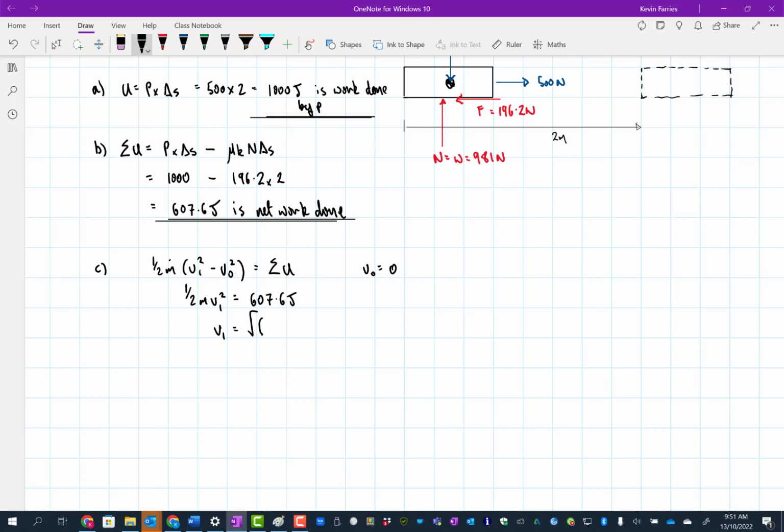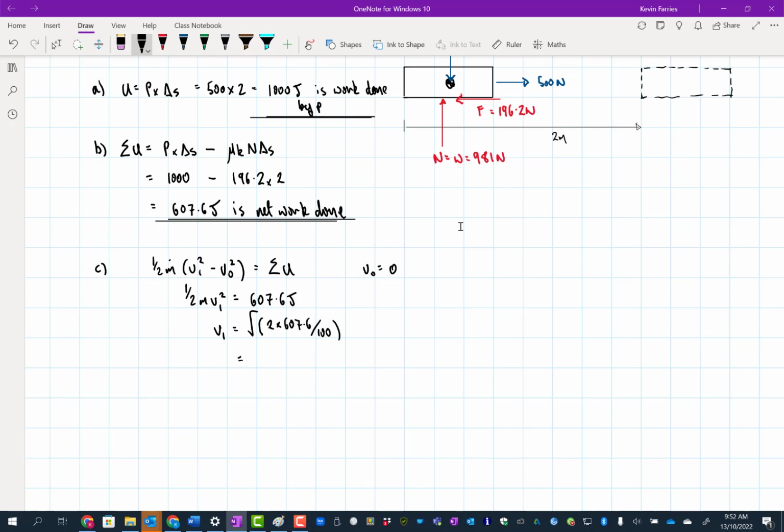Therefore V1 is equal to the square root of, now do we have the mass? We do. So it's going to be 2 times 607.6. I'm just multiplying both sides by 2 to get rid of the half. And then I need to divide by the mass, which was 100. And then I take the square root because that's V1 squared. So we want V1, so take the square root of both sides.